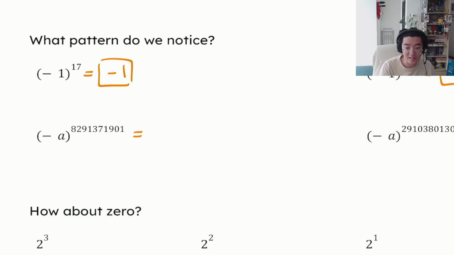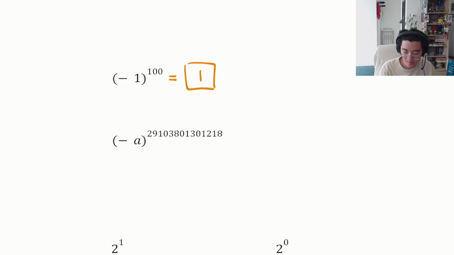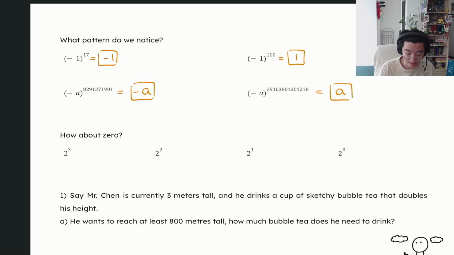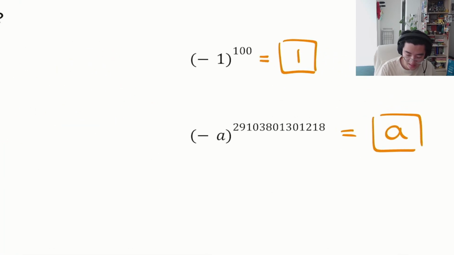So it literally does not matter what exponent it is, as long as it is odd, like in this case, because it ends in a 1, it will always be negative. If it's even, ends in 8 here, it's positive. Of course, this only applies when there's the negative sign inside the bracket. If the negative sign is outside the bracket, then it doesn't really matter what the exponent is, it will always be negative outside.